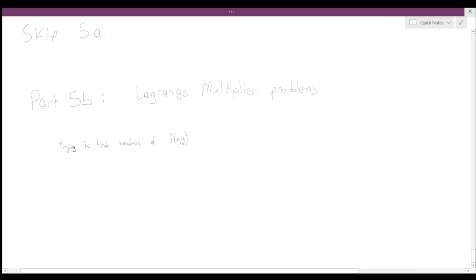And in the problem, there's going to be a constraint equation. So it seems that most people use g of x, y for the constraint. So it'll be some function set equal to some constant.